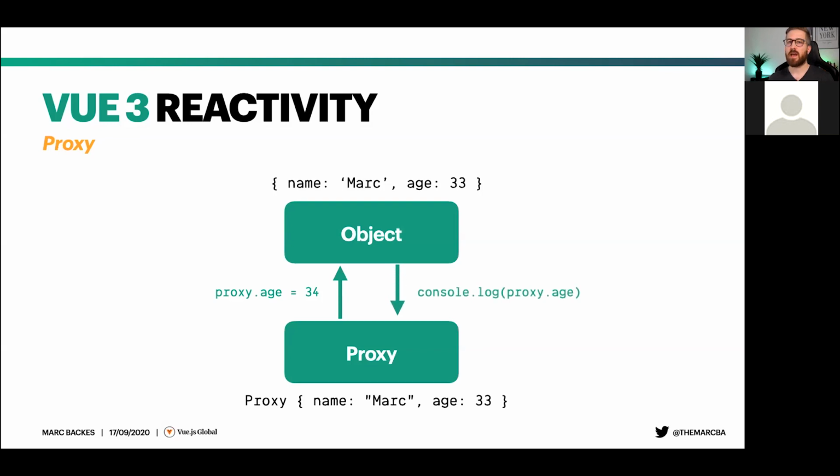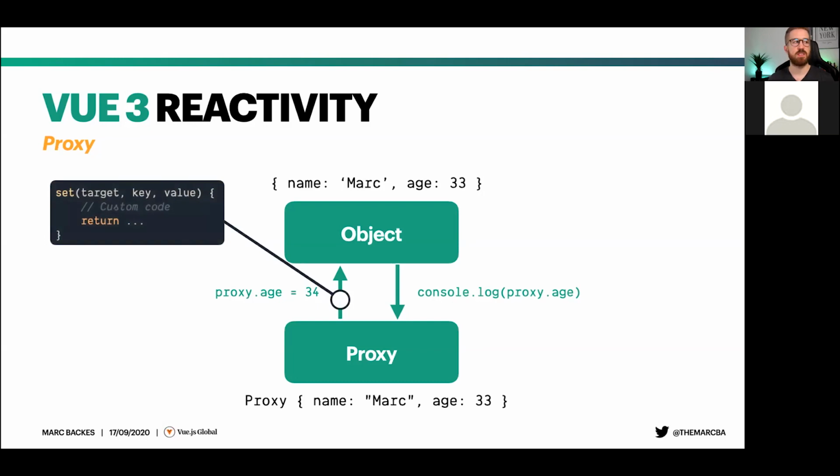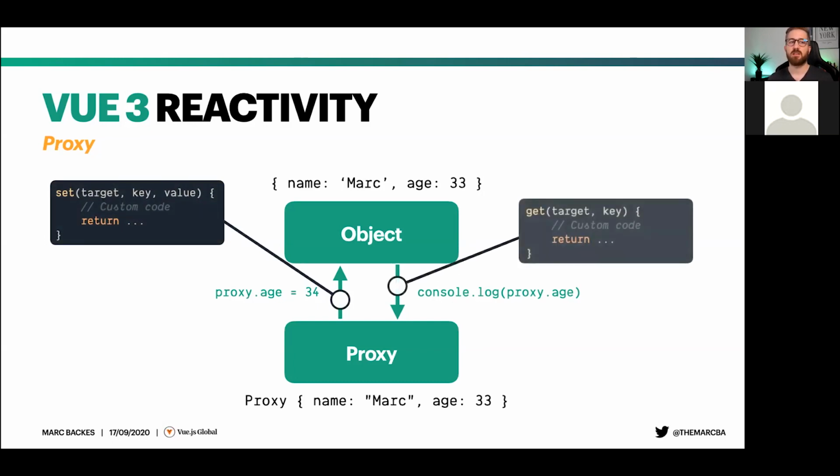And if we access the data, the same thing, we request the data from the original object. But the really cool thing here is that we can intercept these things. We can intercept the setter, the getter, and other things. So here comes our reactivity into place. Here we can implement that we need to notify, for example, when a change happens.